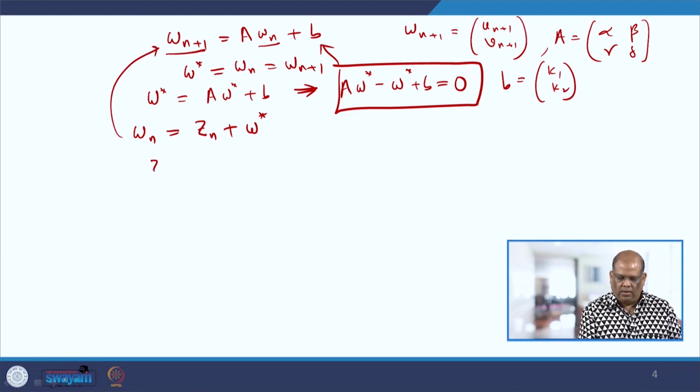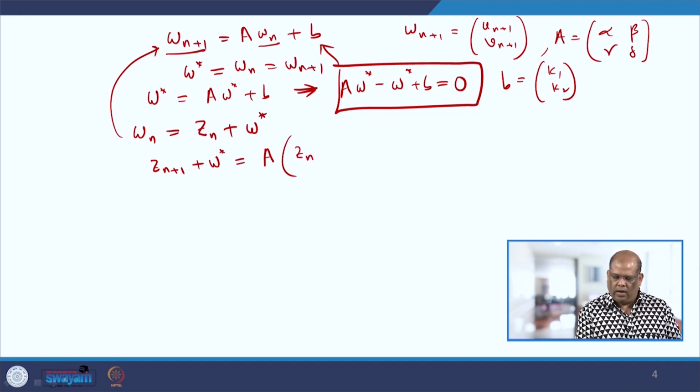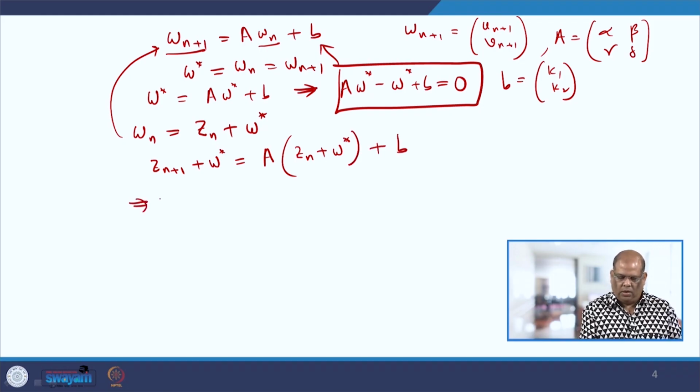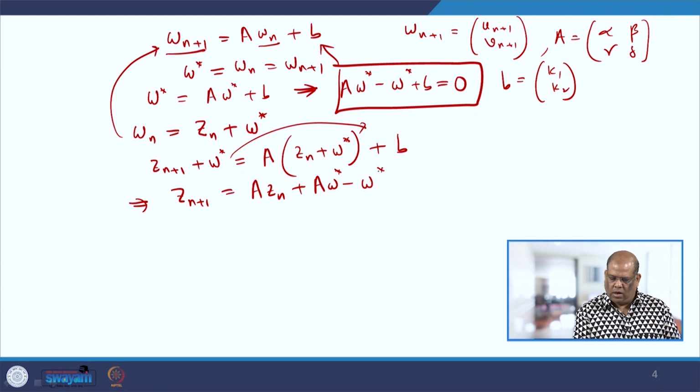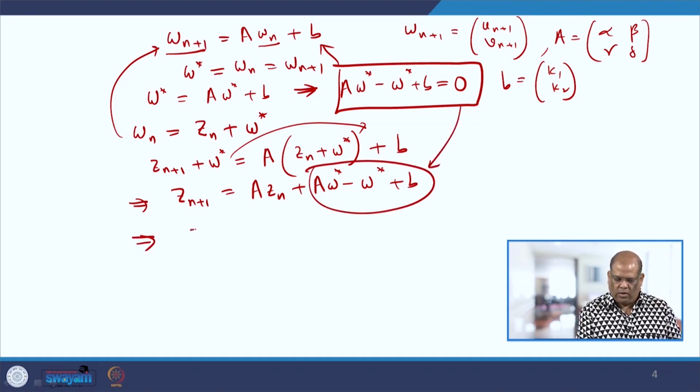This will be Zn plus 1 plus W star equal to A times Zn plus W star plus B. So, this implies Zn plus 1 equal to A Zn plus A W star minus W star plus B. And we have already seen that this particular thing gives you the null matrix. So, Zn plus 1 equal to A times Zn.